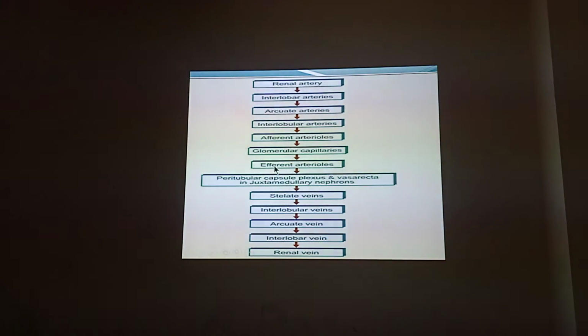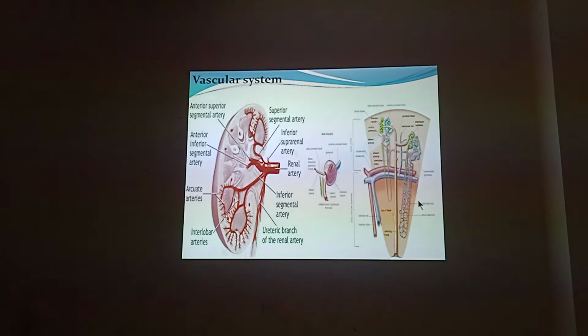And one thing very important, that it forms the portal arterial system. There are 2 portal systems, the portal venous system and the portal arterial system.